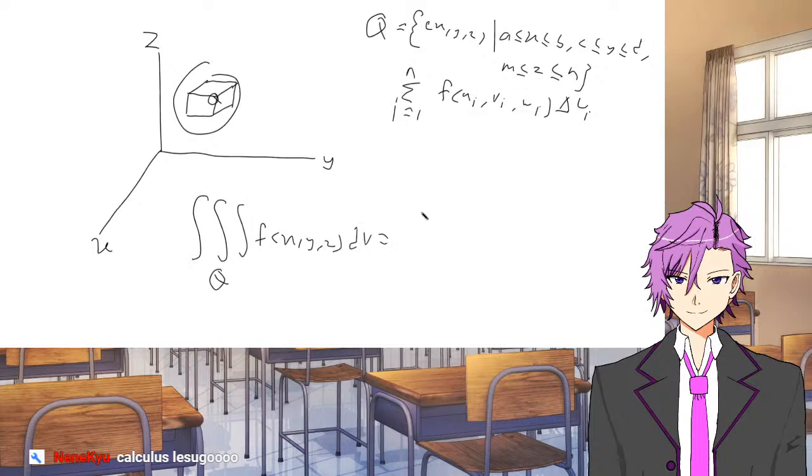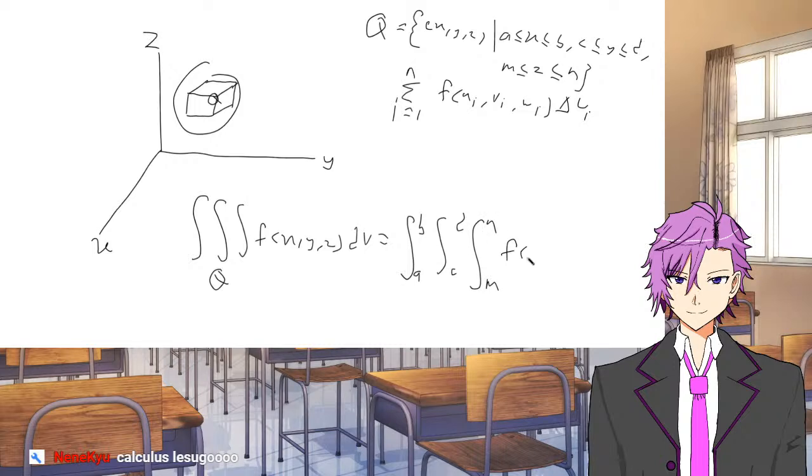So if we use Fubini's theorem, we'll start with x first, a to b, c to d, and then m to n.